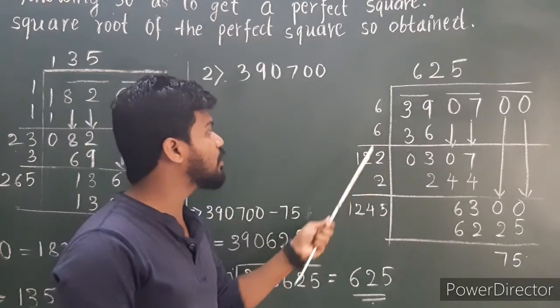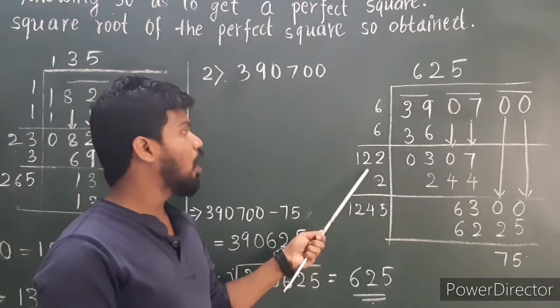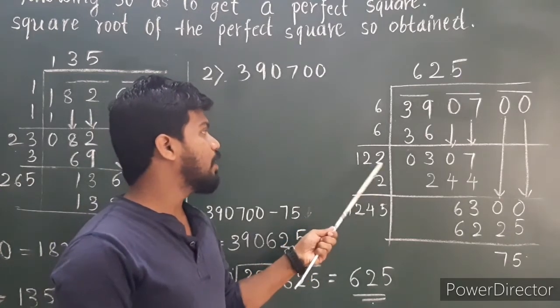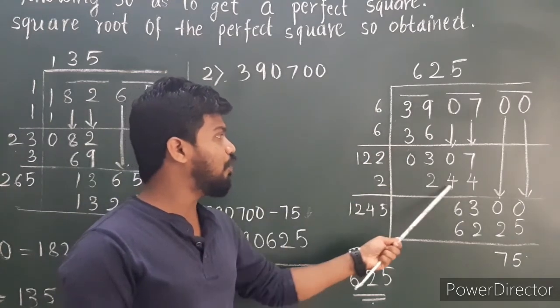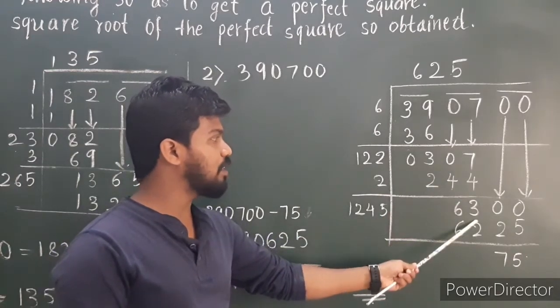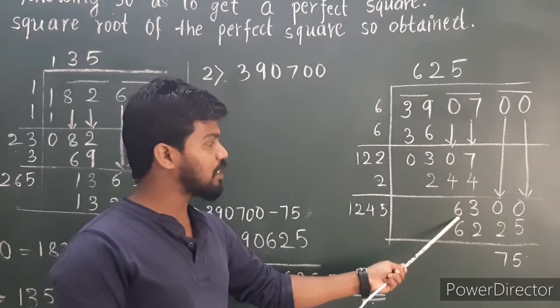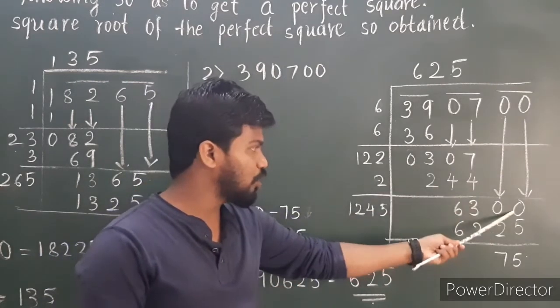So 6 plus 6 you get 12. So now you take 2. So 122 into 2 you get 244. And 17 minus 4 you get 3, 9 minus 4 you get 5, and 2 minus 2 you get 0, and you take the remaining 2 zeros here.